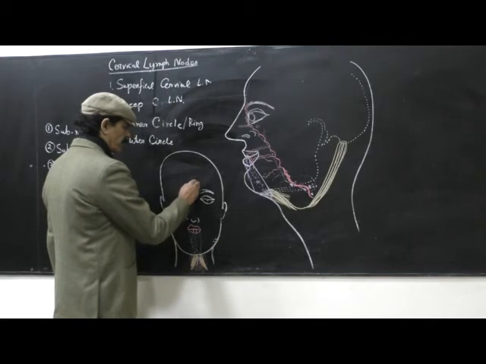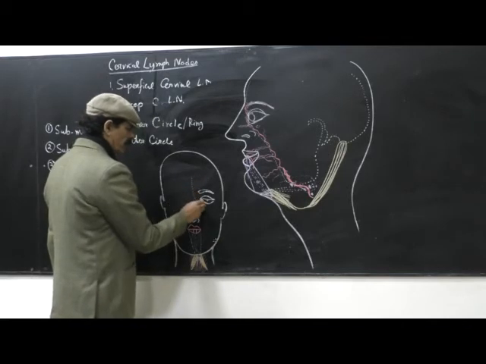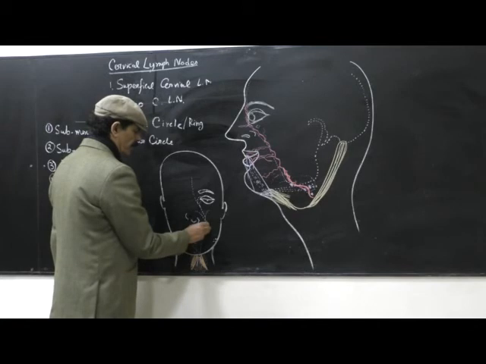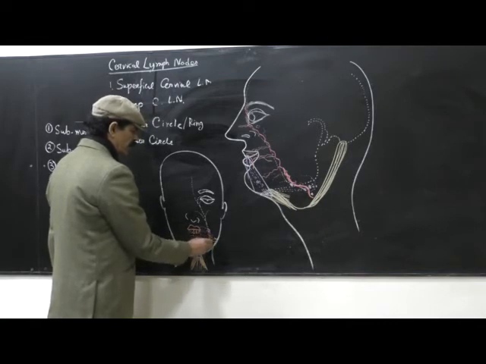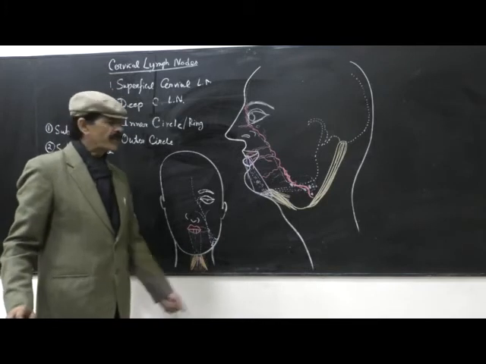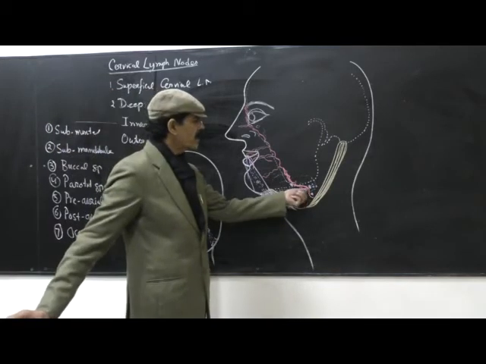That is the central part of the forehead, medial angle of the eye, upper eyelid, the cheek area, the nose area, the upper lip, and the lateral part of the lower lip. So from this area, the lymph reaches the submandibular group of lymph nodes, which are present on the submandibular salivary gland, in relation to the facial artery, as it has an S-shaped sinuous course.